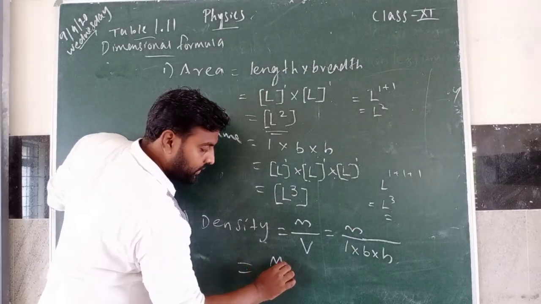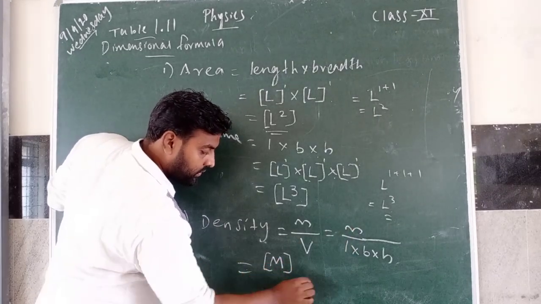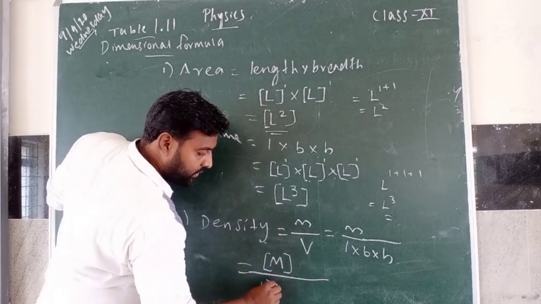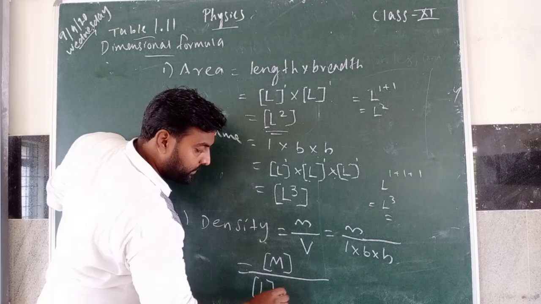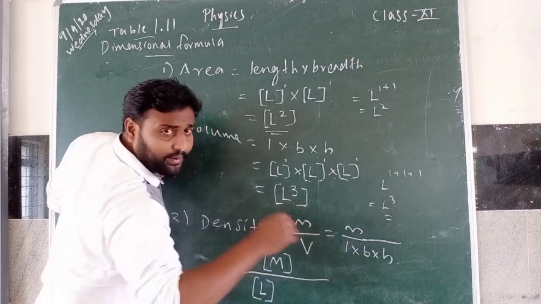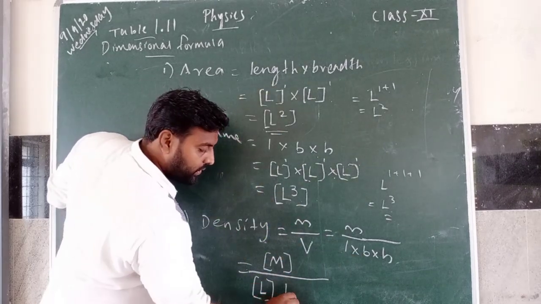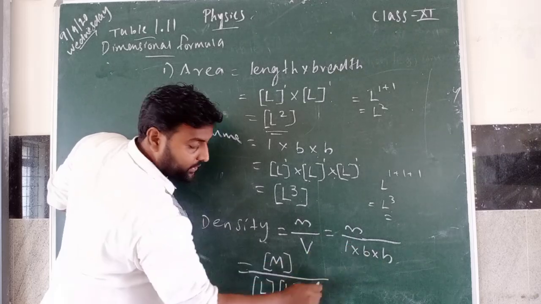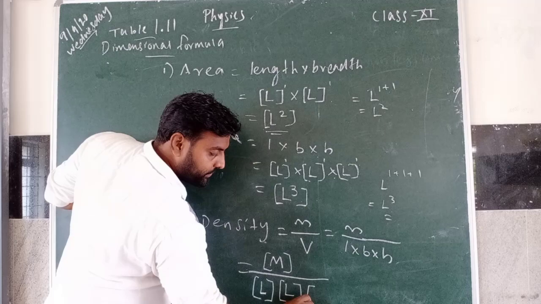Mass is M only. Length is L, breadth is again the same length, so L, and height again L.